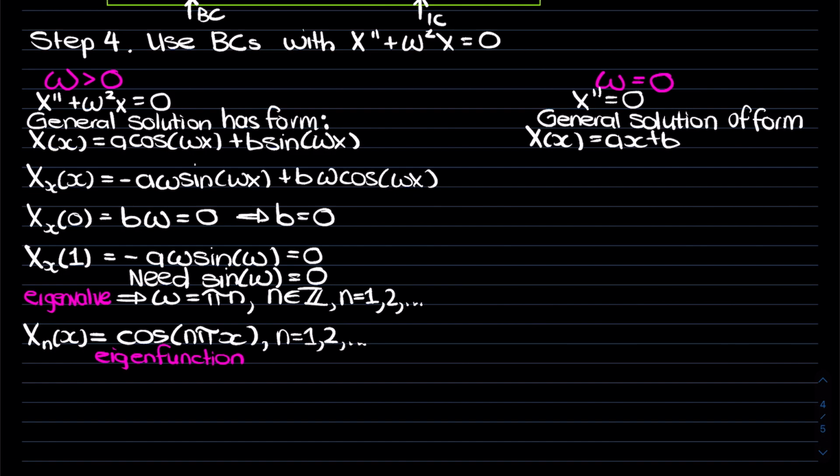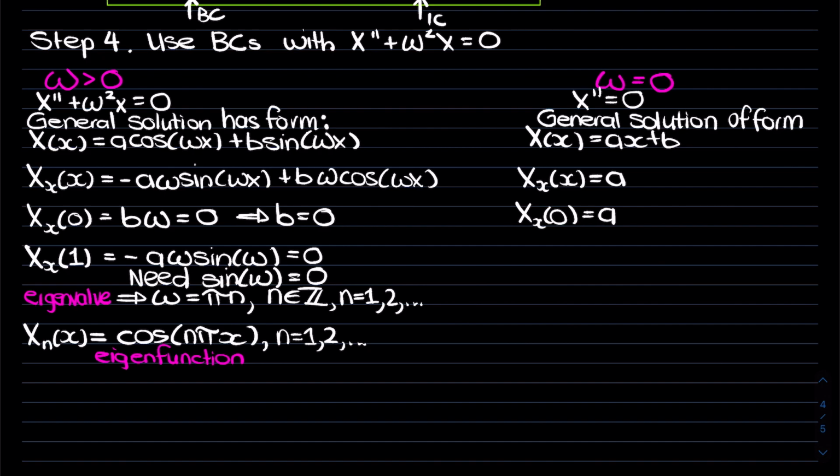Because it's a Neumann boundary condition, we need to take the derivative. So we'll get X prime of x, and that will just equal a. Now if we put in our boundary conditions, we'll get X prime of 0, so x equals 0 here.